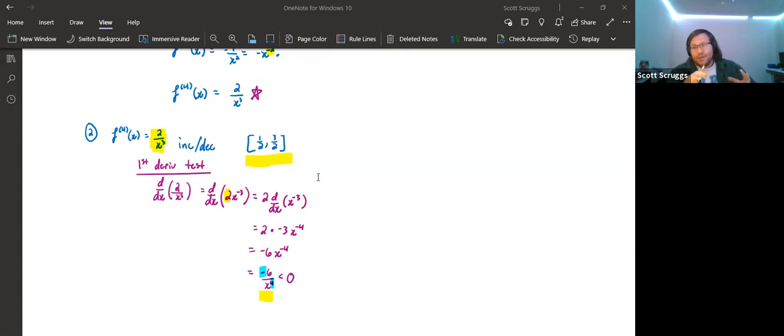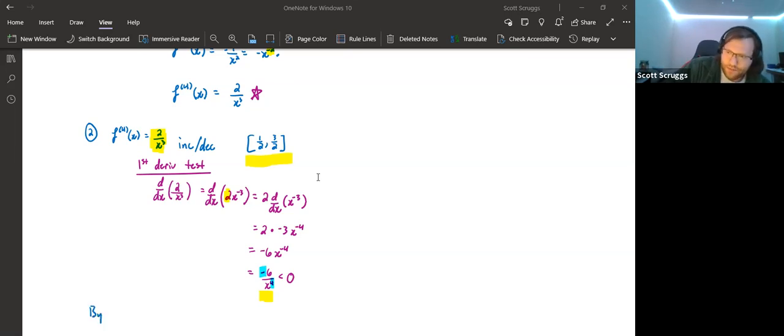So the first derivative test tells me that the derivative of 2 over x cubed will always be negative, which means that 2 over x cubed is decreasing on that interval. So let's say that now.